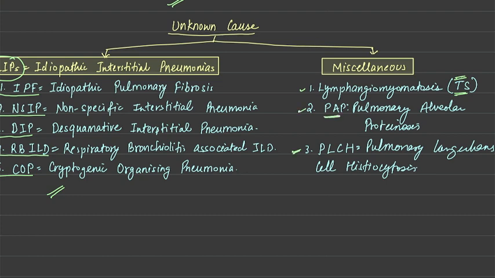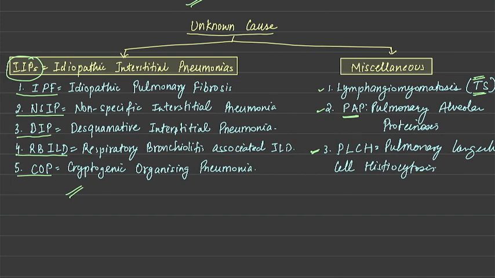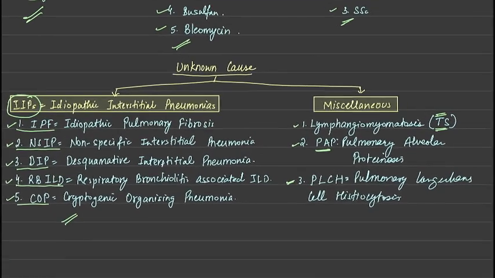Third is pulmonary Langerhans cell histiocytosis. So these are some miscellaneous causes that come under the category of unknown cause ILDs, right? And of unknown cause IIPs, that is idiopathic interstitial pneumonias, we have 5 of them: idiopathic pulmonary fibrosis, non-specific interstitial pneumonia, desquamative interstitial pneumonia, respiratory bronchiolitis associated ILD, and cryptogenic organizing pneumonia, right? So this is basically the classification.